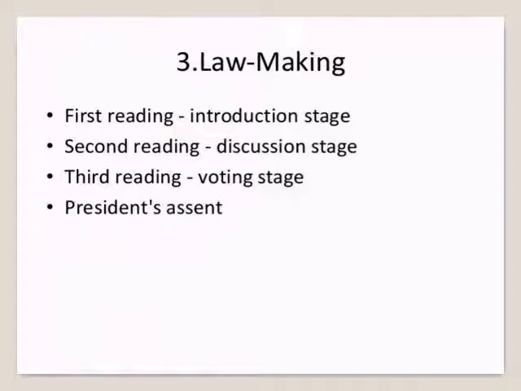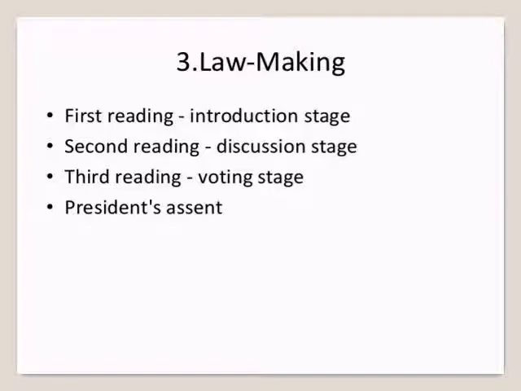The third important function of the parliament is lawmaking, to make laws for the country. There are 4 stages of this process: first reading, second reading, third reading, and the president's assent. The first reading is the introduction stage of the law. The second reading is the discussion stage of the newly introduced law.